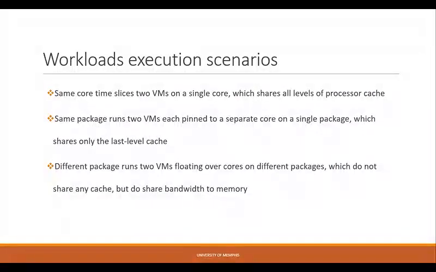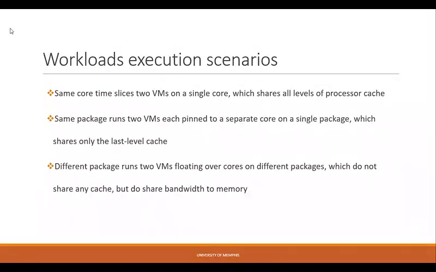So here we can run every virtual machine in 3 different modes according to our need. For example, if you have 2 virtual machines, you can run both of them on the same core. They call it pinning. You pin the virtual CPU of this virtual machine to run on this specific physical core, or you can allow them to float within the same socket.